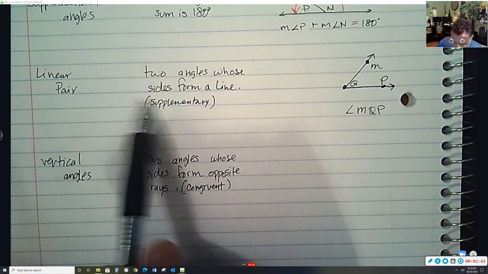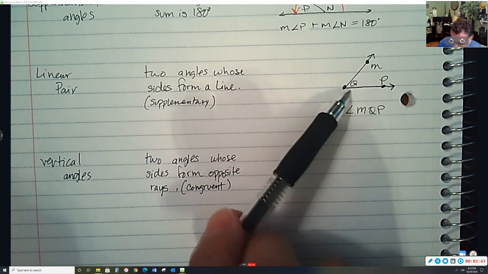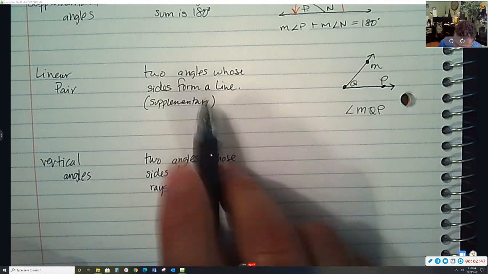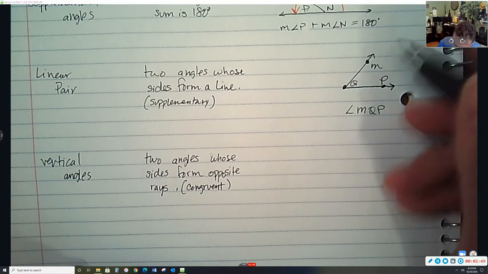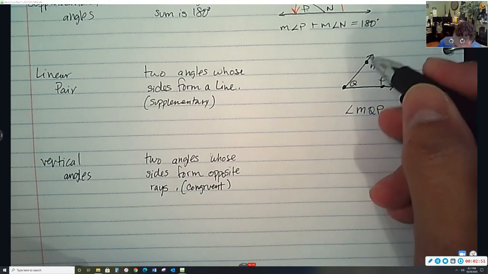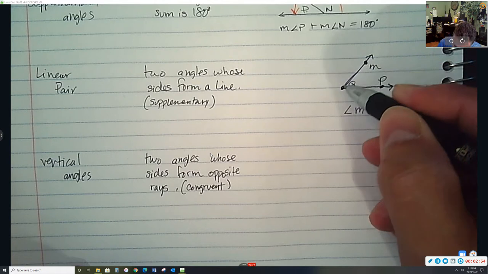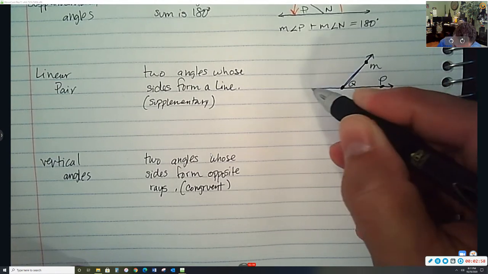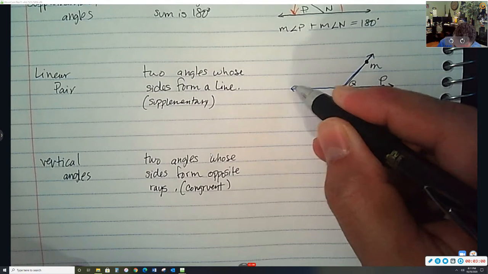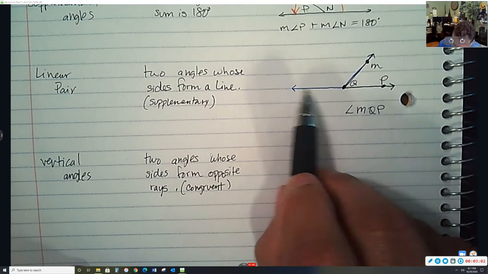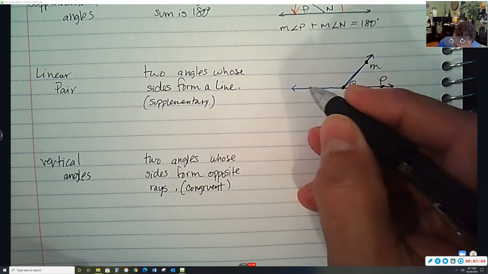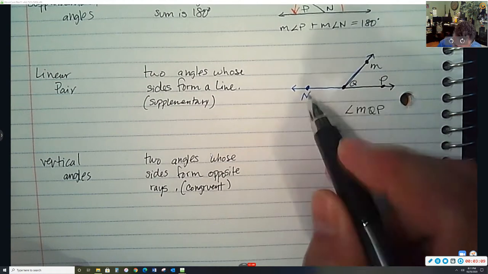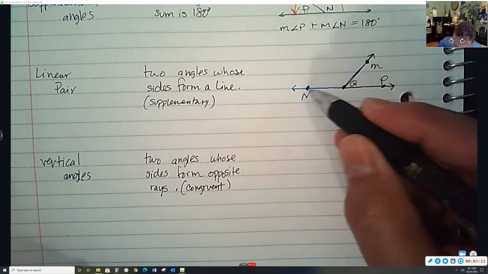Now, in order for the other angle to be a linear pair with this one, it has to share a certain side. So let's say it's going to share this side. And then two, it has to make a straight line. Okay, so here's our straight line. And the blue angle, let's call this N. The blue angle is NQM.